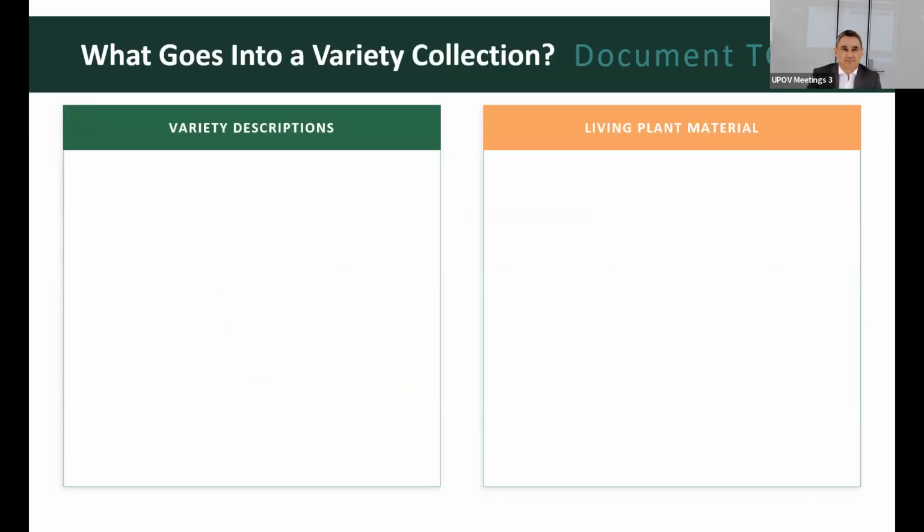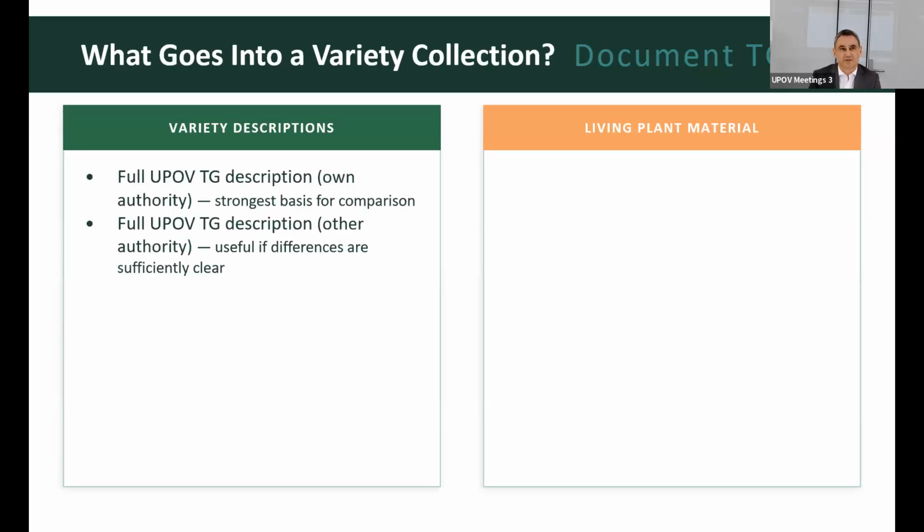What goes into a collection? Variety collections usually contain variety descriptions and/or living plant material. Variety descriptions can be in the form of full descriptions generated on the basis of the UPOV test guidelines by the authority itself, or full descriptions based on the UPOV test guidelines generated by third-party authorities.